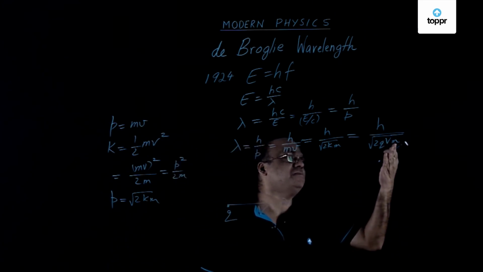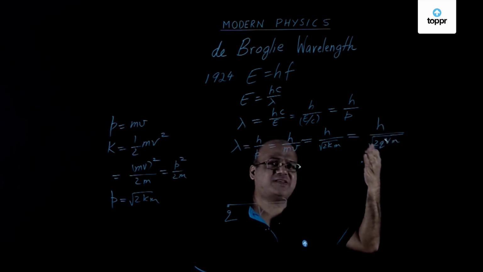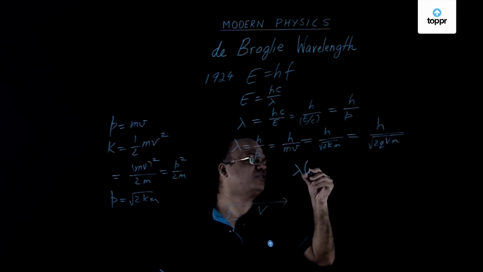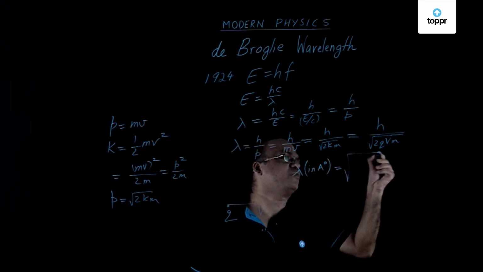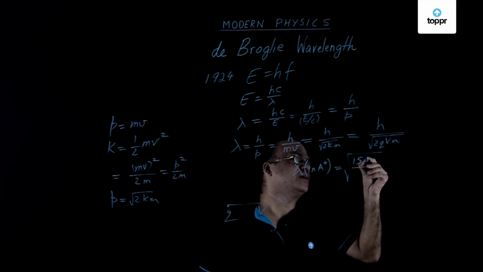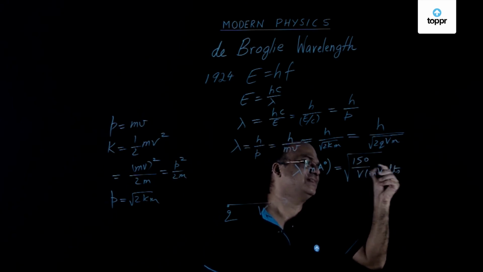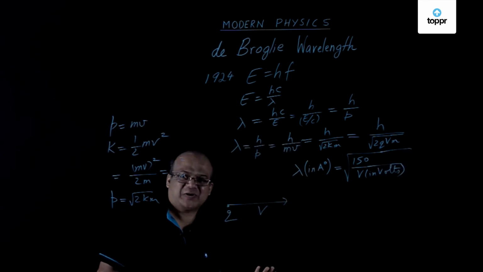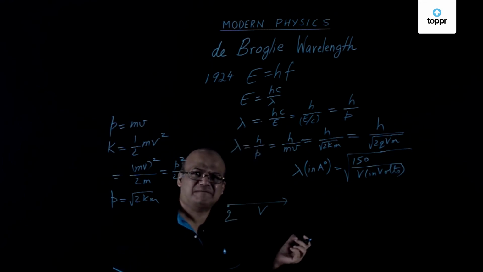You can put the mass of the electron here, and then we put all these constants. Then lambda in angstroms becomes root over 150 by V in volts. This is a simplified equation that you can remember to calculate the de Broglie wavelength of an electron quickly.